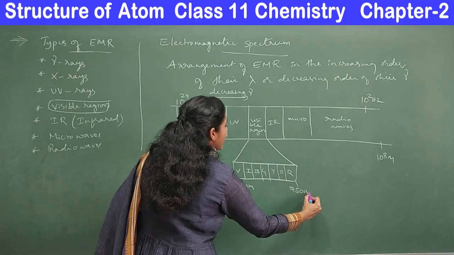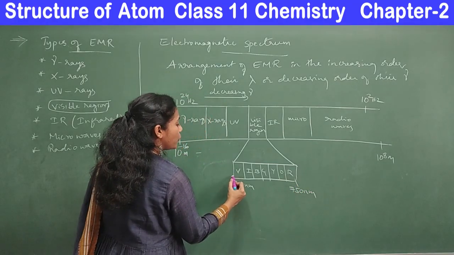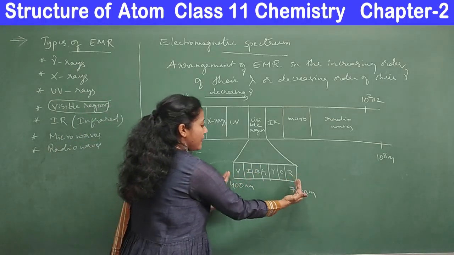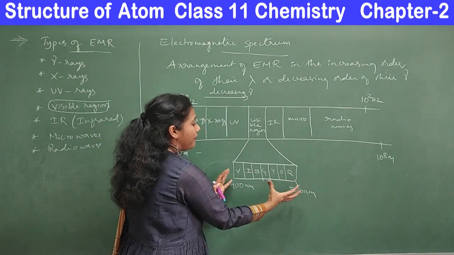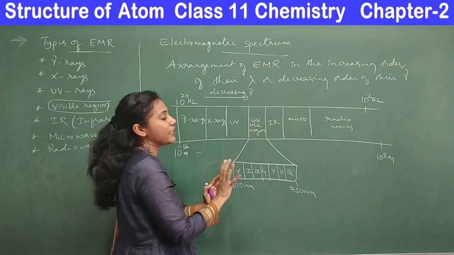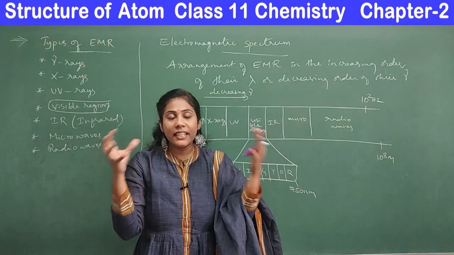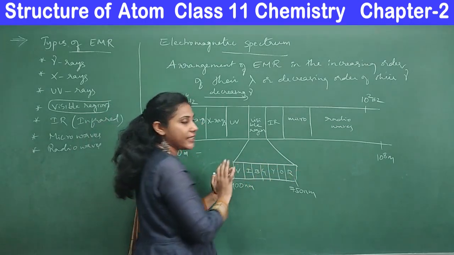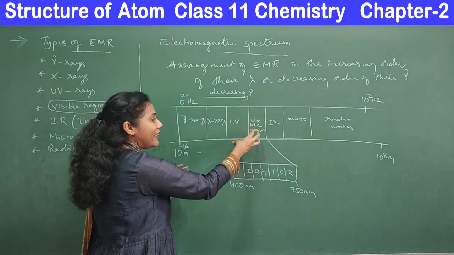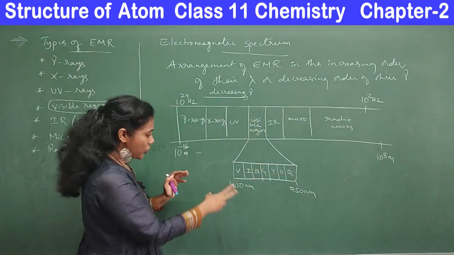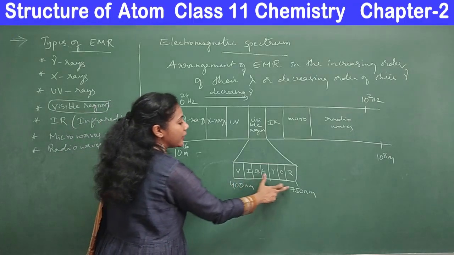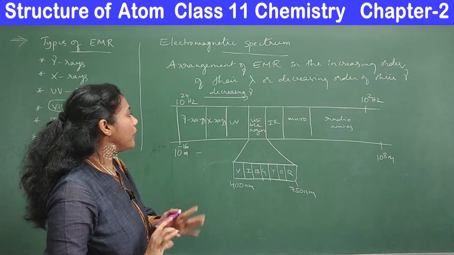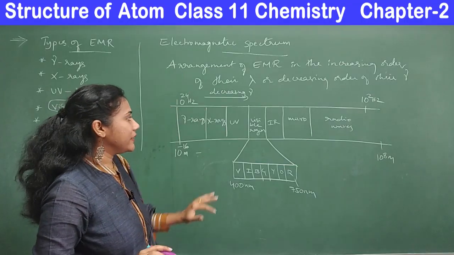Here the wavelength range is 400 to 750 nanometer. This range of wavelength belongs to the visible region. Whatever white light we are seeing with our naked eye is the combination of these colored radiations. And what is that white light wavelength range? It is from 400 nanometer to 750 nanometer. So this is all about our electromagnetic spectrum.